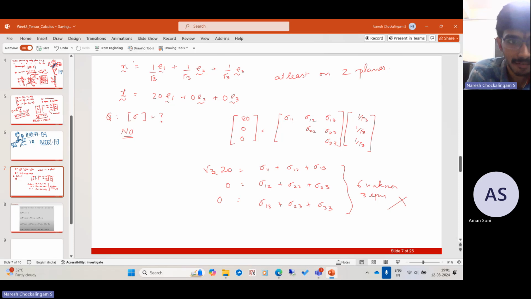So for example, say on the plane with normal n1, T1 is known, and on another plane, let us say its normal is E1, the traction on that plane is T2, which is say 40 E2. This is allowed, right? This can be solved. Now you can set up the full equation.